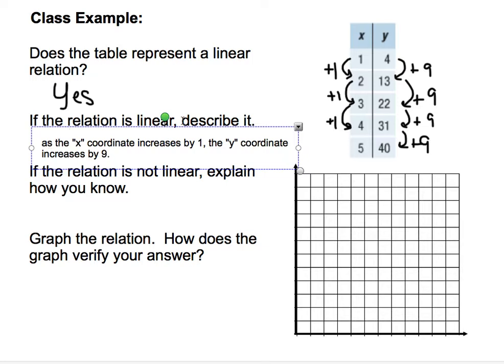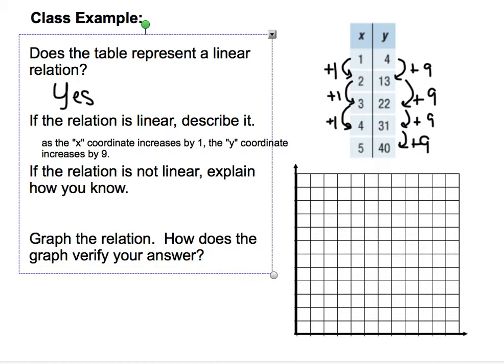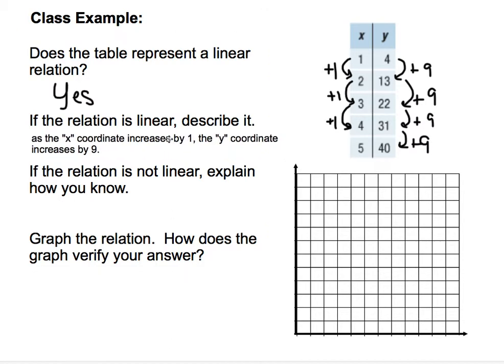So there's your description. I put my x and my y in quotations just because I don't want to italicize them, and all variables have to be italicized. It just is a little bit faster for me to type to put it in quotations.